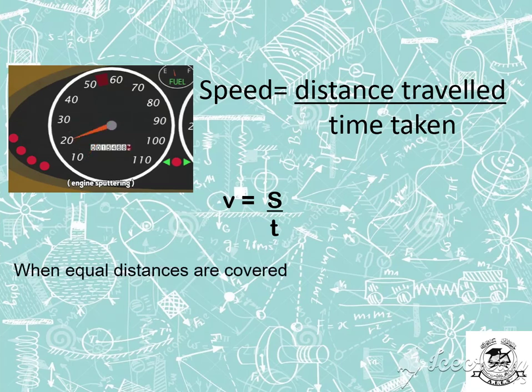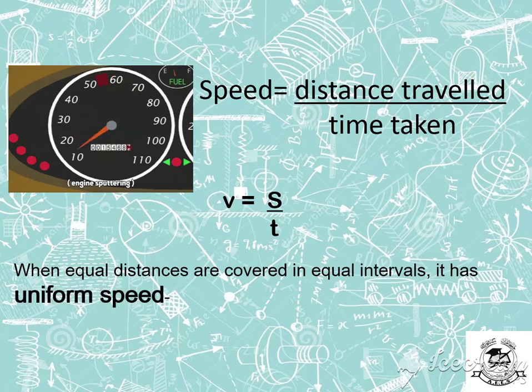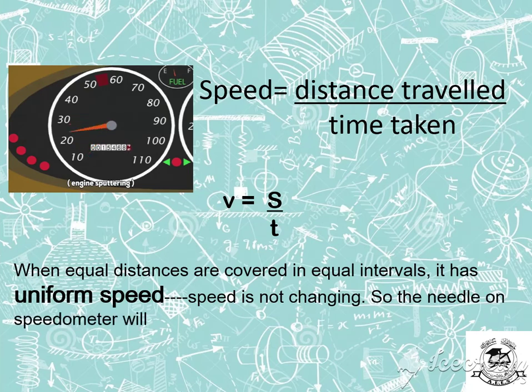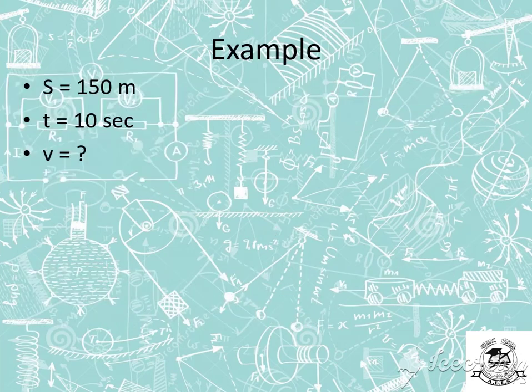When equal distances are covered in equal intervals of time, it has a uniform speed. Speed is not changing, so the needle of the speedometer will remain at the same point. So the body is going to have the uniform speed. It means if the speed is changing, it is variable.